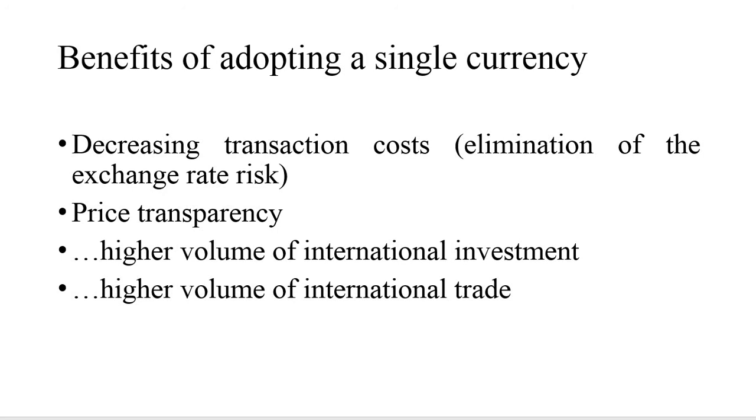Consumers from different countries could easily compare prices, which facilitated arbitrage and price equalization. As a result, there was a higher volume of international investment and international trade. And as you remember, usually international trade is beneficial for all the countries in general. At least this is Pareto efficient.